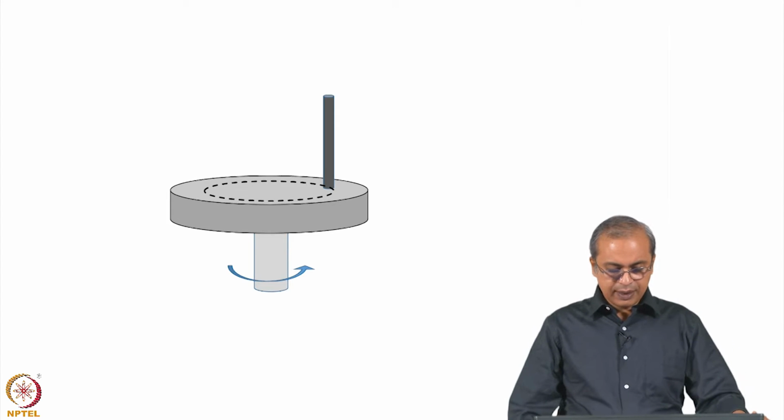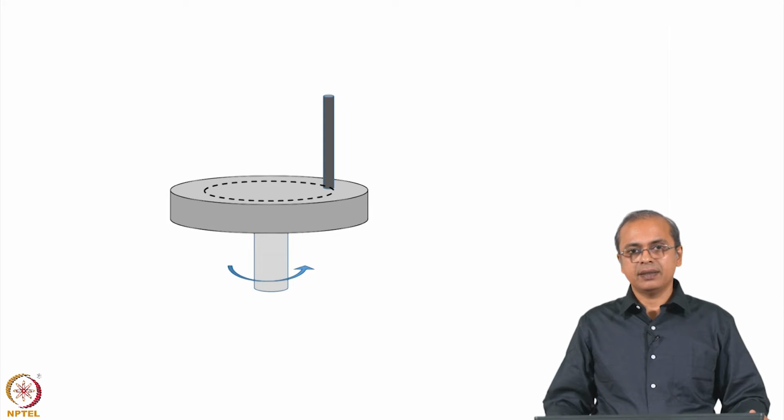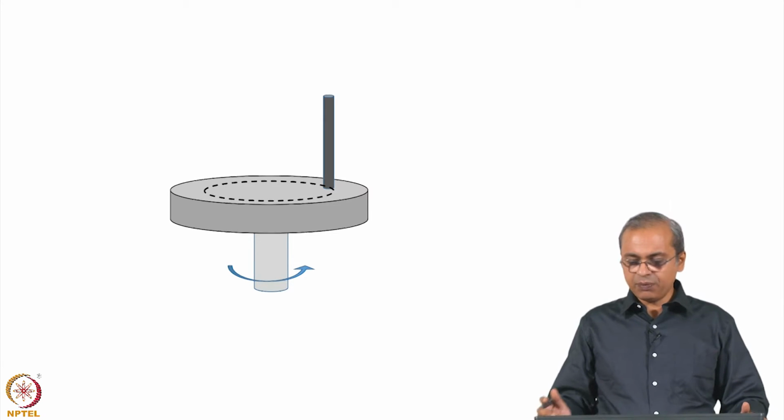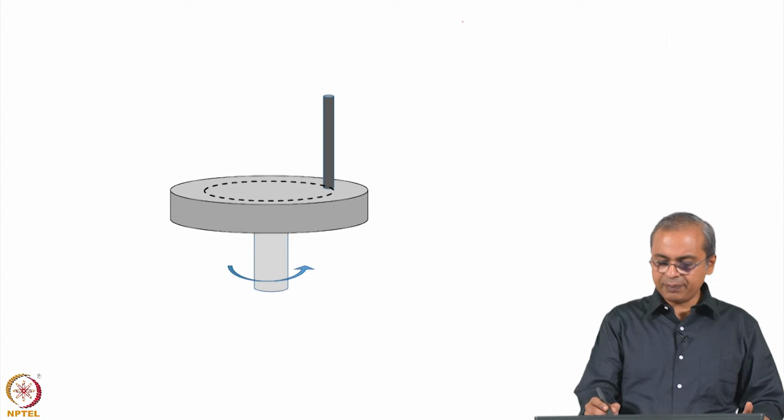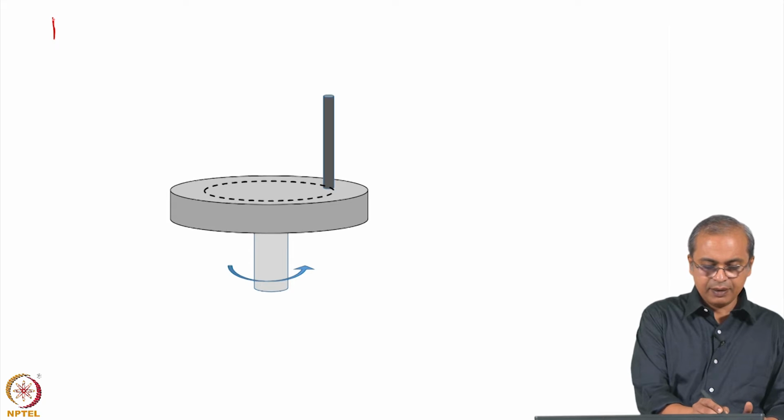Okay, so if you look at a severely plastically deformed sample, as I said, you are having multiple passes through dies which are shaped like that.